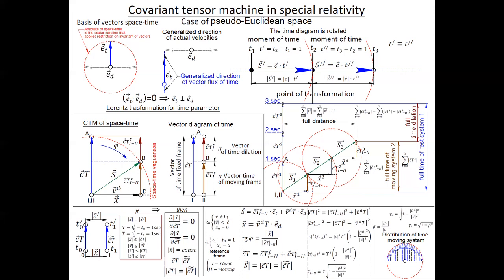Simultaneously, the moving reference frame has actual velocity. Values add up to produce the full actual distance.